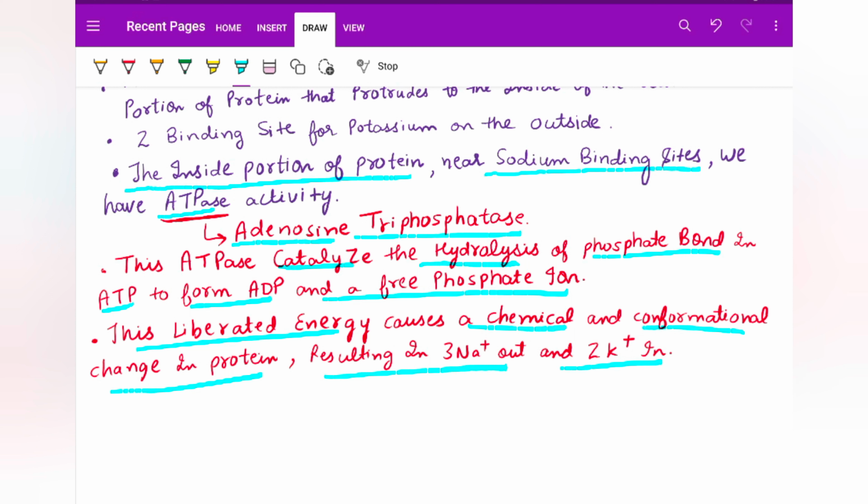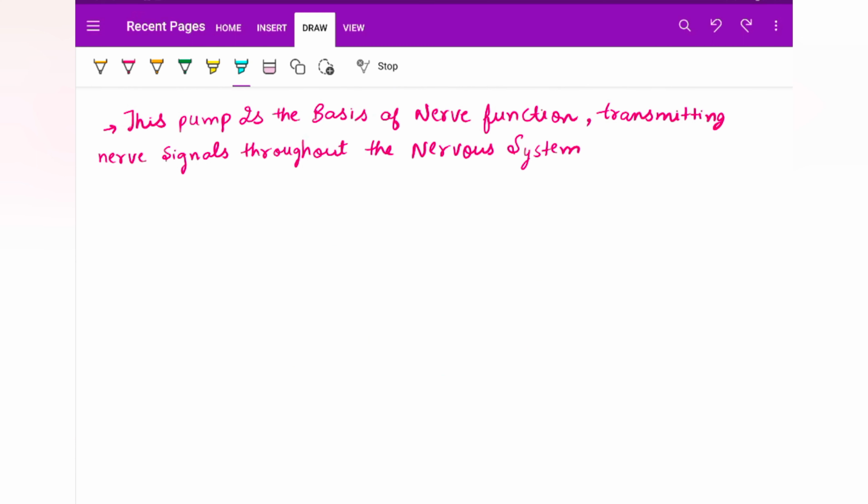That is the reason the sodium potassium pump is also known as sodium potassium ATPase, because it has ATPase activity on the inside near the sodium binding sites. This sodium potassium pump is very crucial because it is found in the plasma membrane of almost every human cell. And this pump is literally the basis of nerve function because it helps in transmitting nerve signals throughout the nervous system.